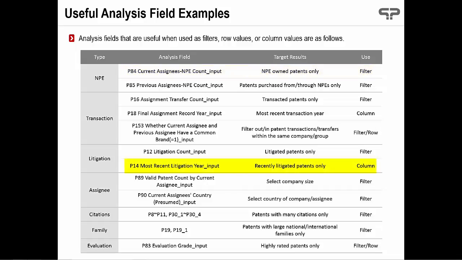Or if you want to see recently litigated patents only, insert the P14 most recent litigated year _ input analysis field into the column section of the pivot table. Please download this guide from our website so that you have it as a reference as you try using Prometheus.